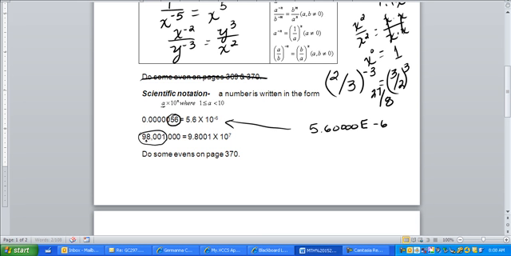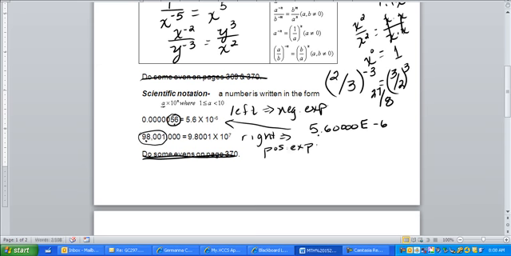Then we have to figure out what power of 10 will place the decimal point correctly. Here we need to move it 2, 4, 6 places to the left. To the left is negative, so we want a negative exponent. And here we want to move it 2, 4, 6, 7 places to the right, and we use a positive exponent there.